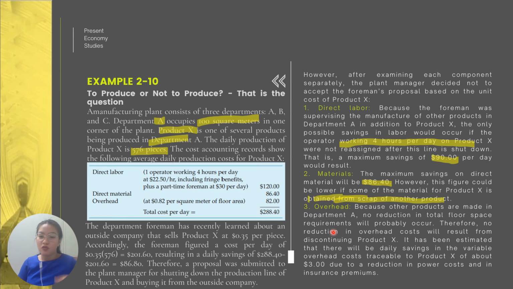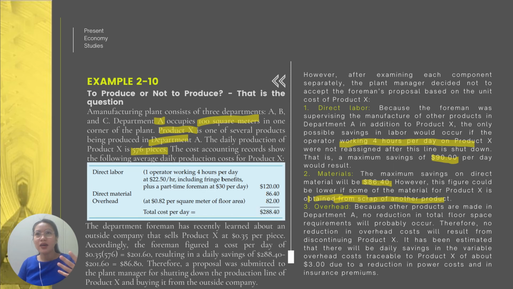Number 3 is the overhead. Because other products are made sa Department A, no reduction in total floor space requirements will probably occur. Meaning, ang overhead na gi-consider nato diri sa table is 82, diba?